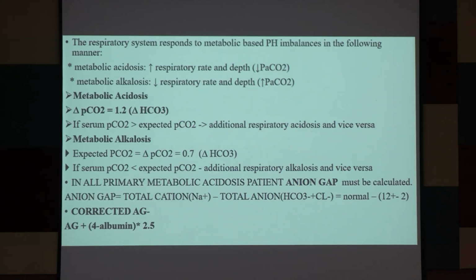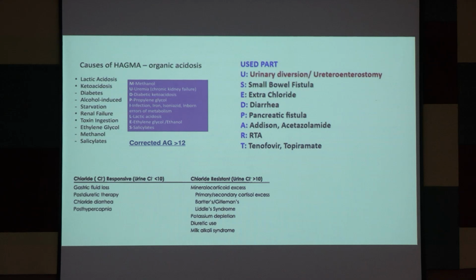So what are the causes of high anion gap metabolic acidosis? There is a mnemonic called MUDPILES, right? MUDPILES means methanol poisoning, uremia or chronic kidney failure, diabetic ketoacidosis, infections, lactic acidosis, salicylate poisoning and ethylene glycol.